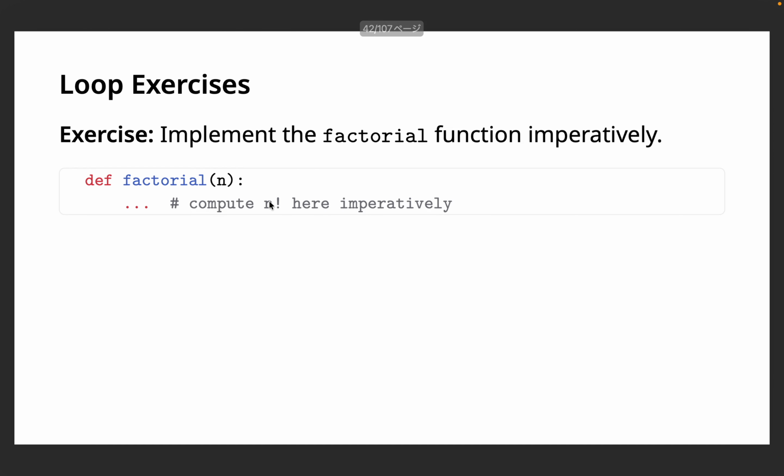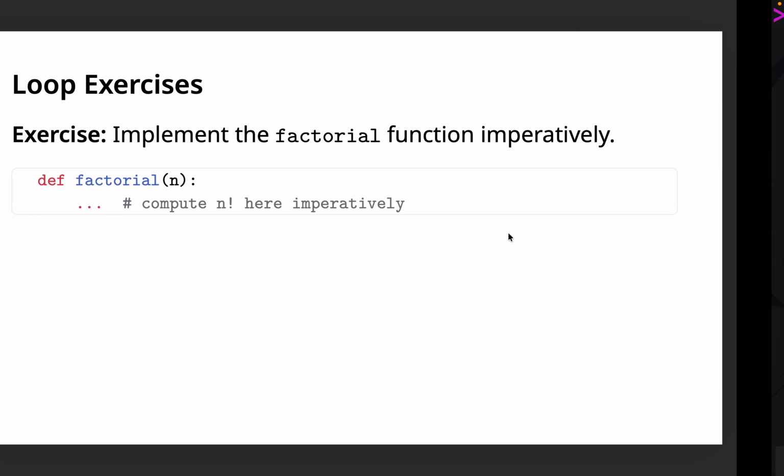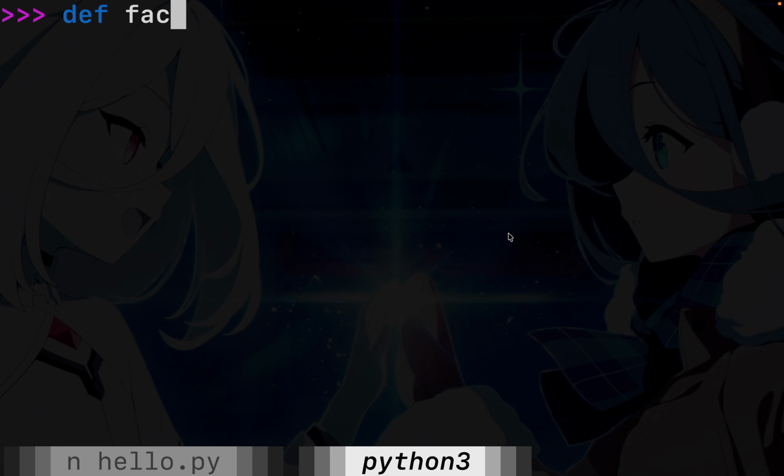So let's have some more examples. So if I wanted to implement the factorial function using a for loop, let's start with this. What I want is to do 1 times 2 times 3 times and so on until n.